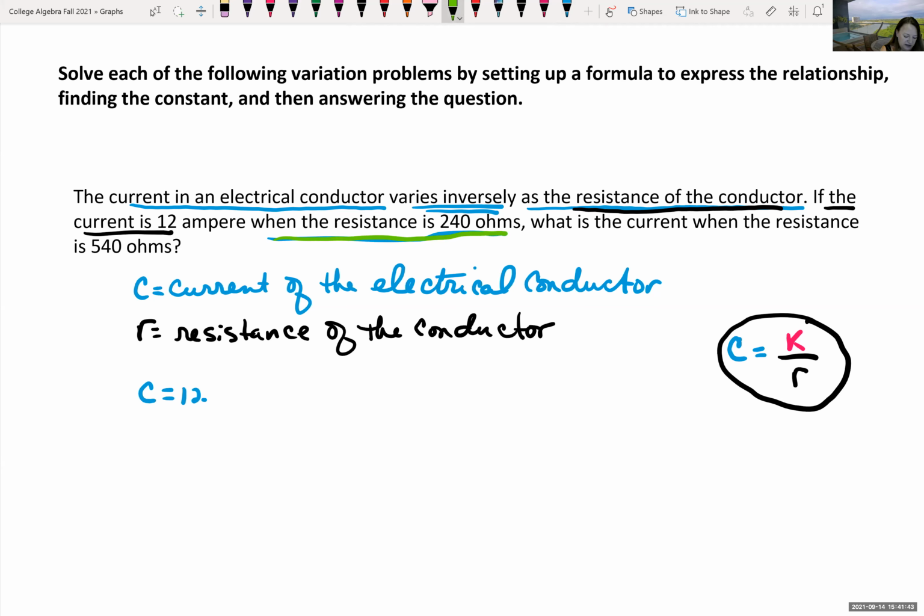So this is when R is equal to 240. We're going to use this to figure out what K is. So I know I have 12 is equal to K all over R, which is 240.